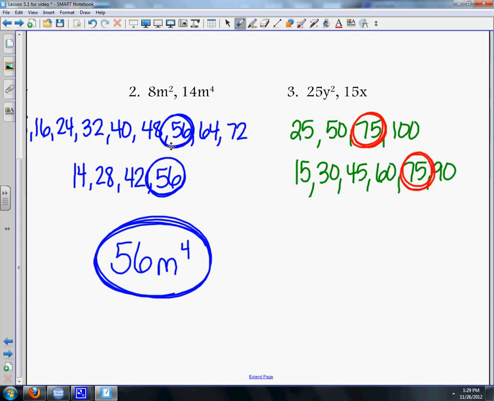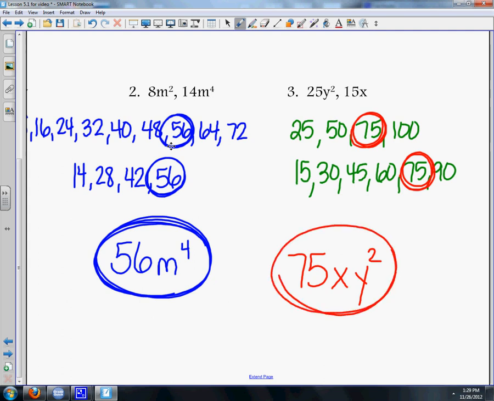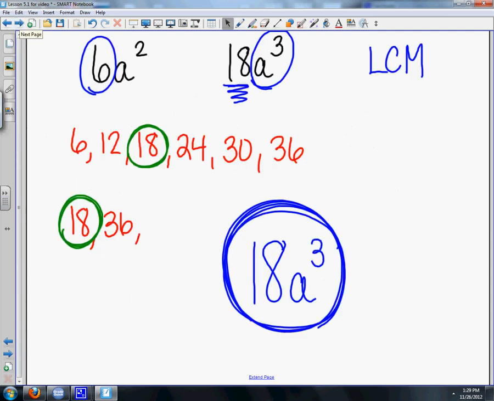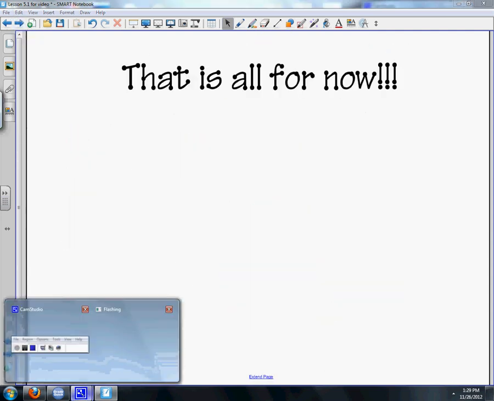So 75 is my LCM. And then since there's an x and a y, I have to take both letters and I take the highest power of each one, and I get 75xy squared. All right, that is it for your note.